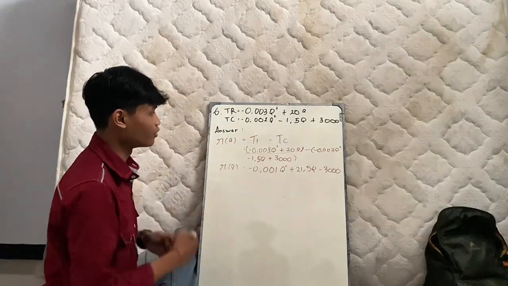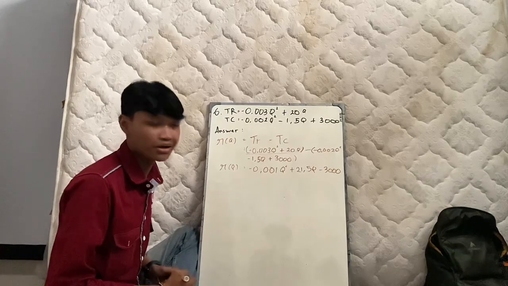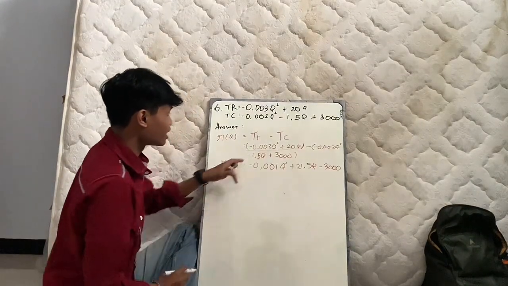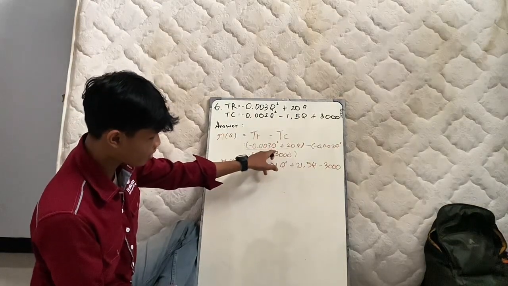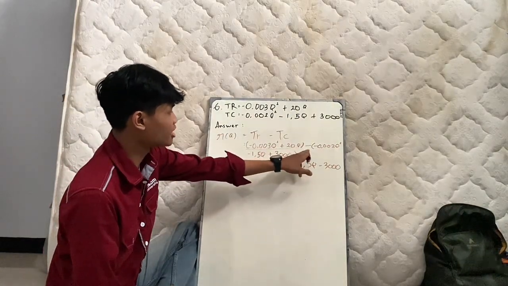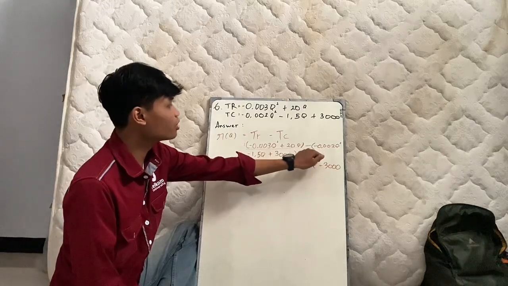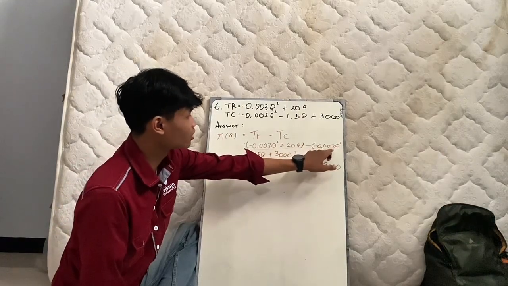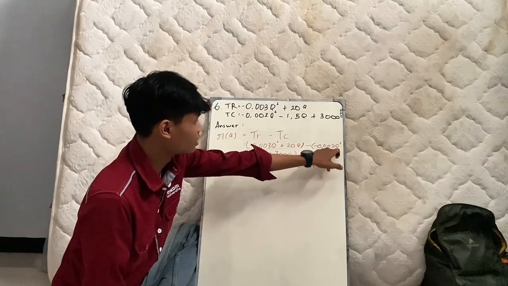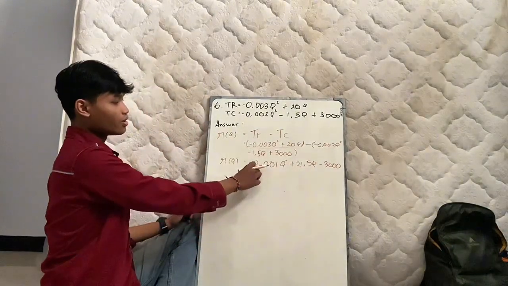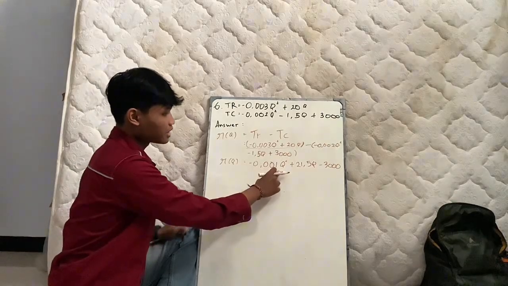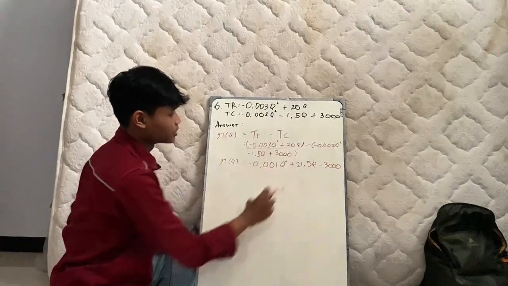So we solve this. First, minus 0.003Q to the power of 2 minus minus 0.002Q to the power of 2, so the answer is minus 0.001Q to the power of 2.